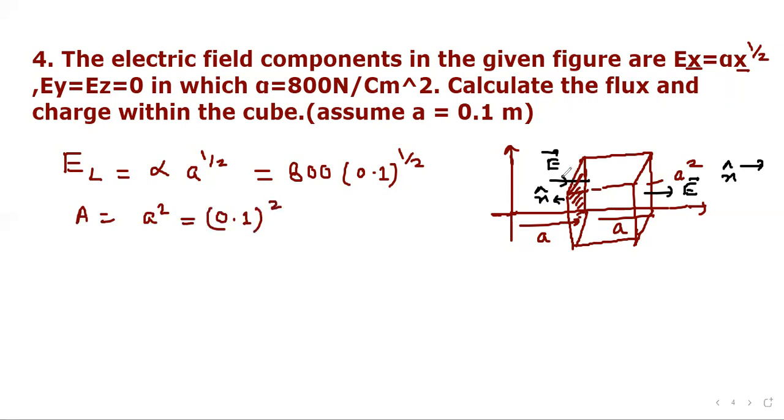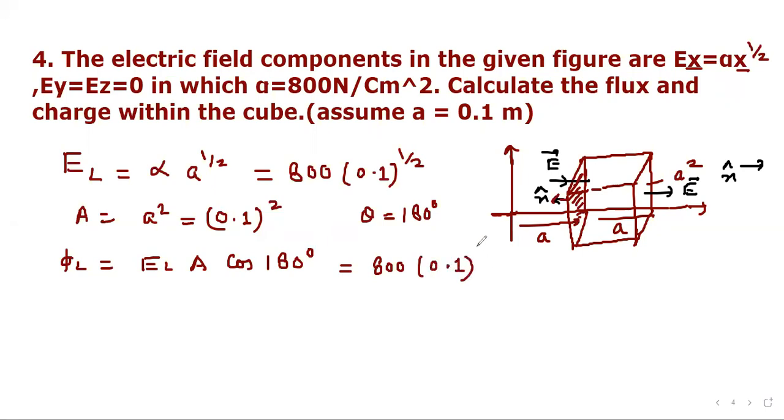Now direction of electric field and normal drawn on this face are opposite, so theta will be 180 degree. Now if we evaluate flux, we denote it phi L, so it will be EL A cos 180 degree, and cos 180 degree is minus 1, so it will become 800 times 0.1 power 5 by 2 with negative sign.